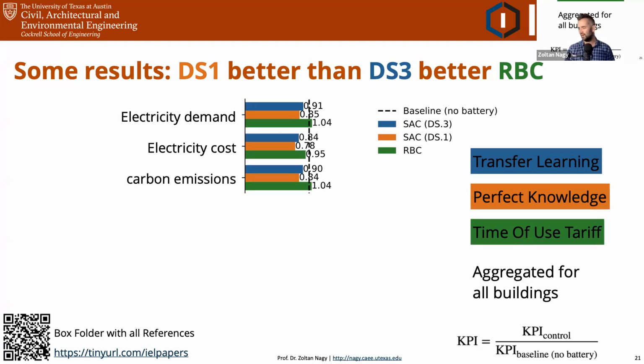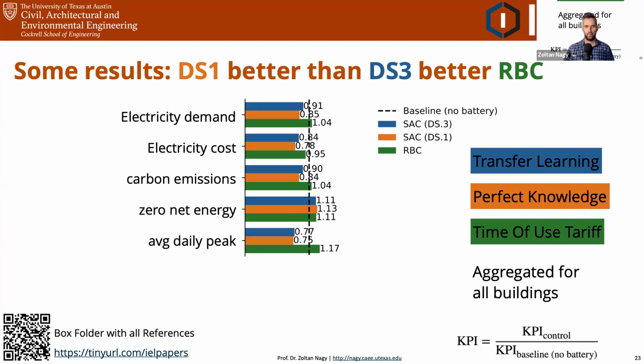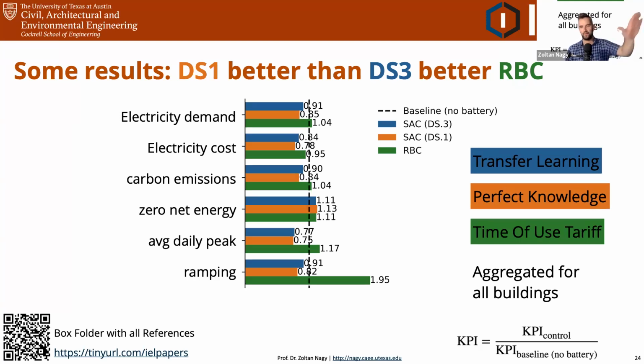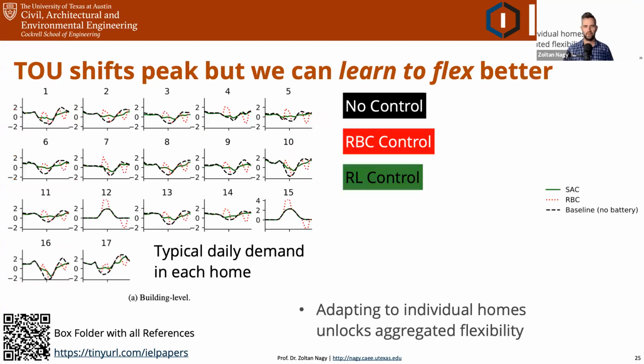That's probably by design. Zero net energy on a monthly basis is still very, very tough to achieve. The average daily peak is by far better with advanced controls. The ramping, so how quickly your electricity demand goes up after the sun is gone, is again much, much better using the advanced controls as opposed to time of use tariff and RBC.